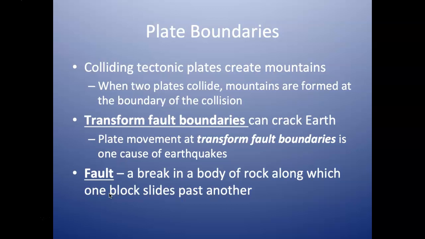The third type of boundary is known as a transform boundary. What can happen at these transform boundaries is our plates are actually going to slide past each other and crack the earth. The plate movement at the transform fault boundary causes large earthquakes.